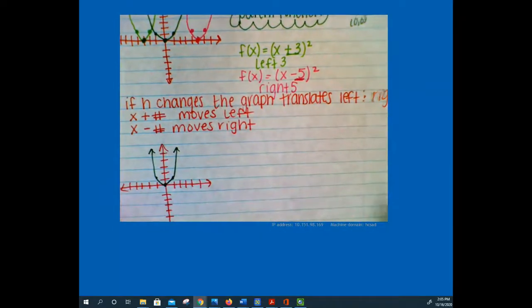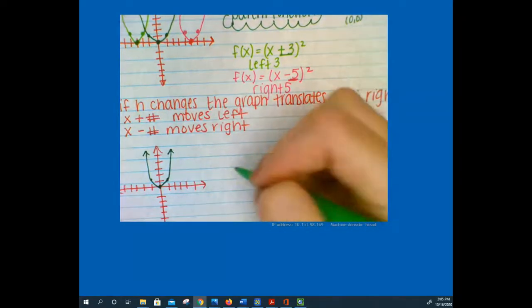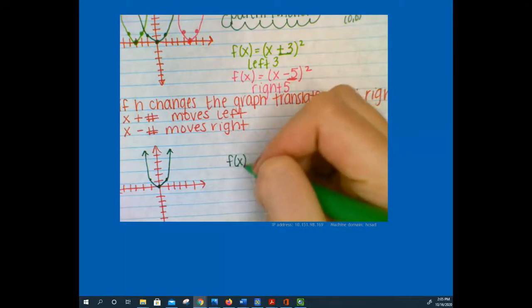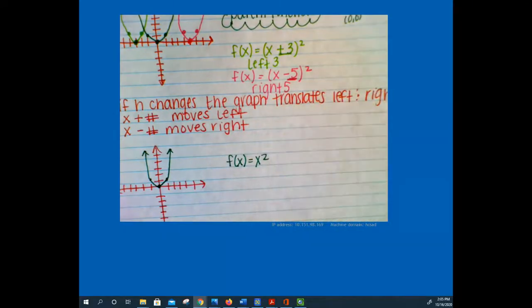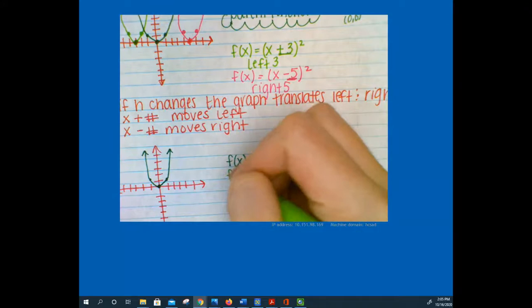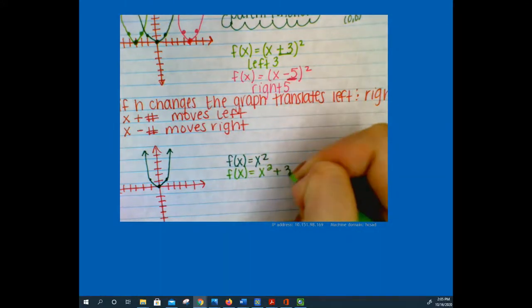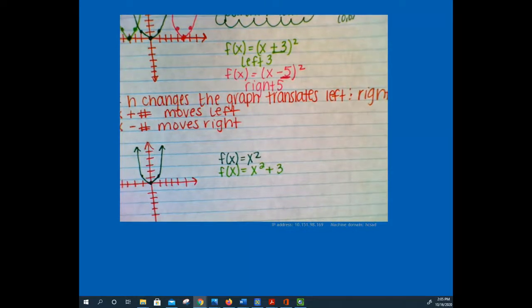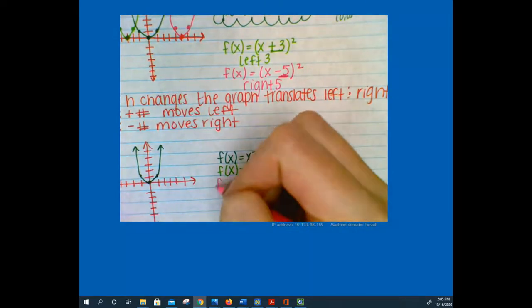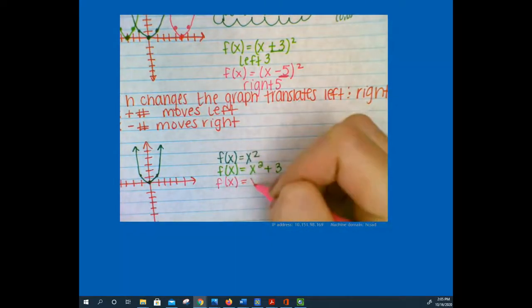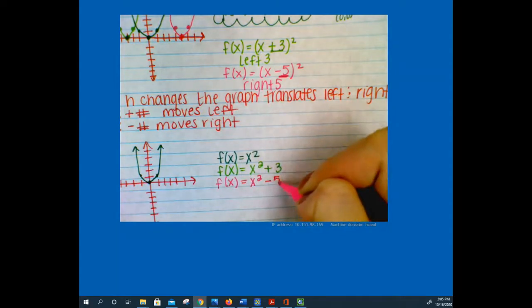This time, let's write it over here in the same color, f of x equals x squared. And this time, let's do f of x equals x squared plus 3. And let's have our second one be f of x equals x squared minus 5.